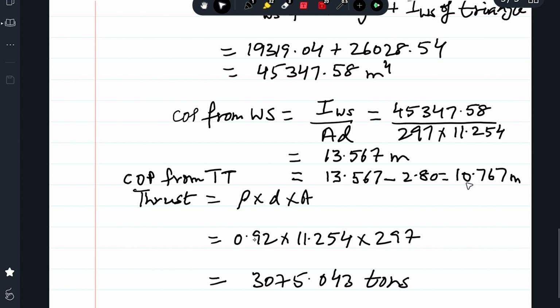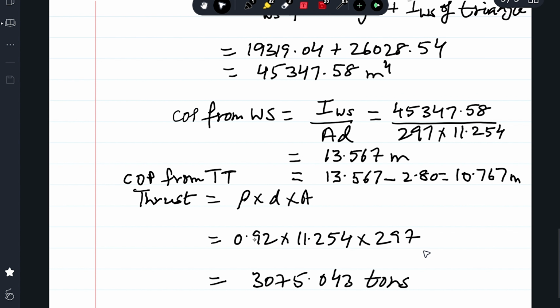Total thrust on the bulkhead will be pressure multiplied by total area. Pressure is always calculated at the centroid. So the density of the oil is 0.92, the RD of the oil, which is also the density in tons per cubic meter, multiplied by D, the depth of the centroid of the bulkhead below the water surface, 11.254 meters, and the total area of the bulkhead, 297 square meters.